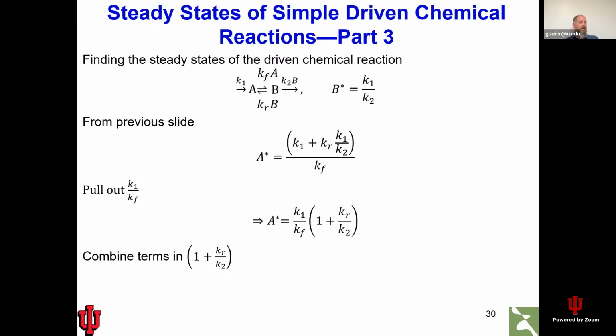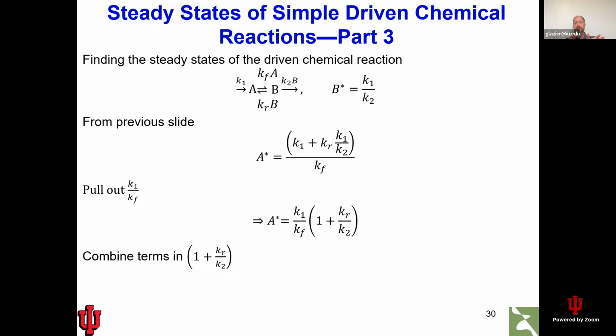And you'll notice here that the amount of B depends only on K1 and K2, the source and the sink. The amount of A does depend on the other constants, because basically, if you think about it this way, A is sort of an intermediate. If KF is very big, I don't stay A very long.